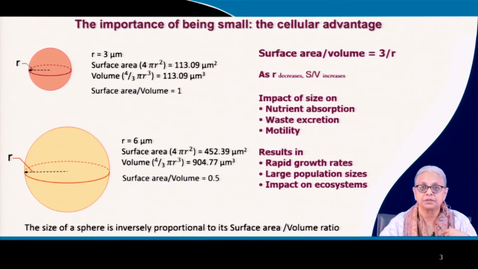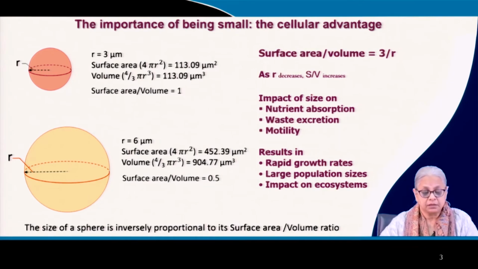So we have a comparison here of two different organisms. The radius in the first case is 3 microns, and in the second case it is 6 microns. So you have the surface area and the volume, and you can do the derivation. 4 pi r squared divided by 4/3 pi r cubed, and the ratio is equal to 3 by r, and you can put it in terms of diameter as well.